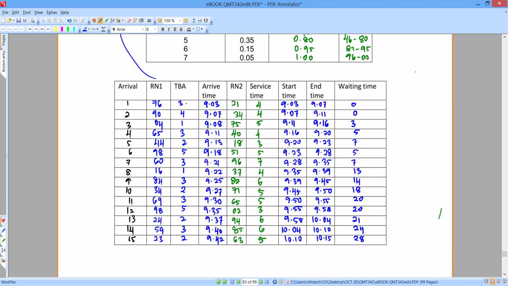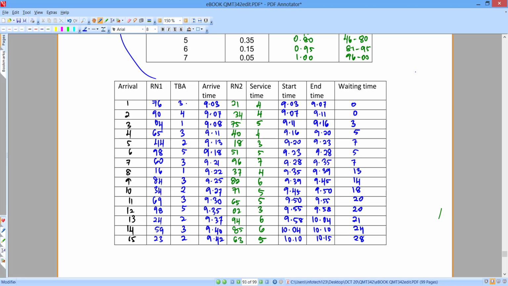It takes about 4 minutes, so from 9:03 up to 9:07 is the ending service time. The first student finishes photocopying at 9:07. So no waiting time is involved, because he or she is the first customer to arrive.